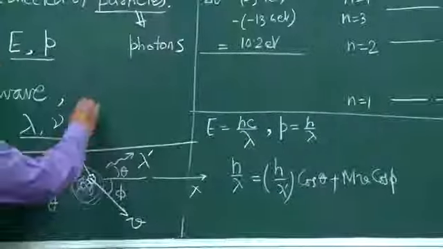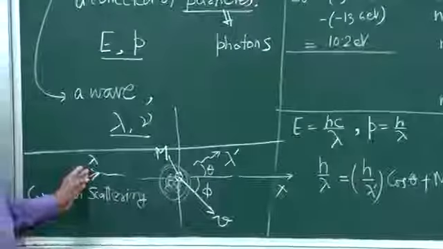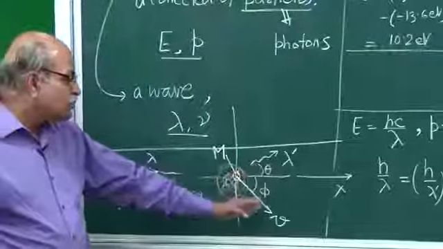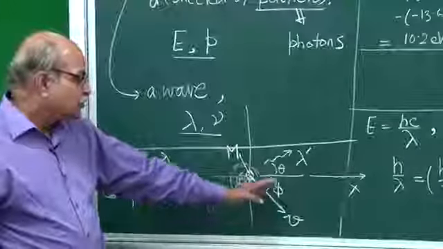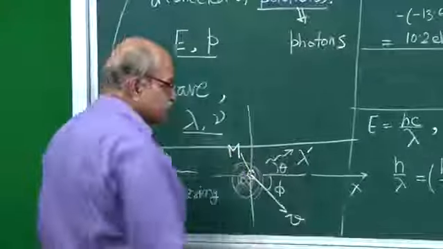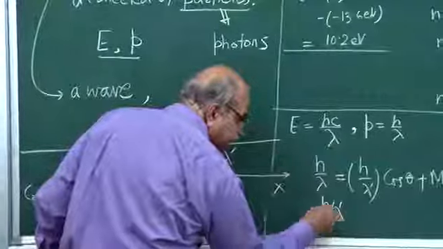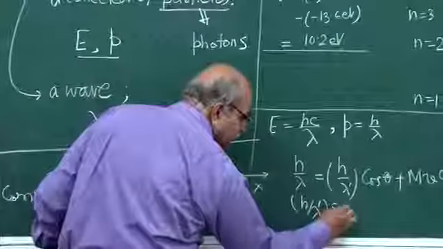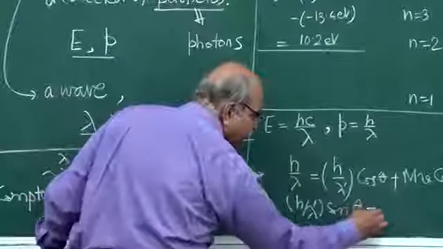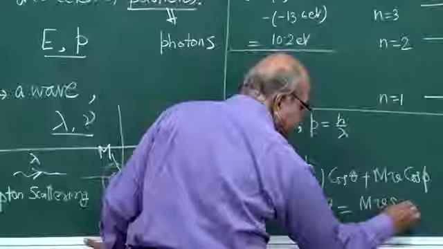And in y direction, the initial linear momentum was 0, so that final linear momentum should also be 0. So, you have h over lambda prime sin theta, and that should be equal to m into v into sin phi.